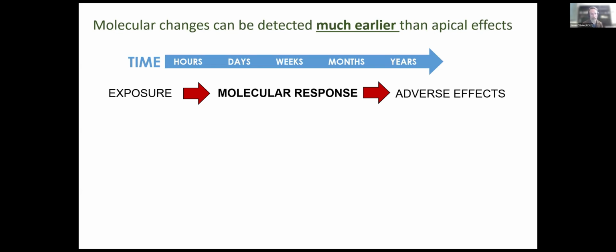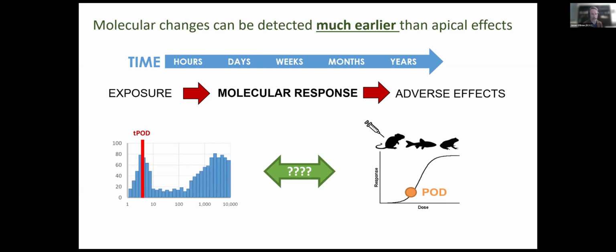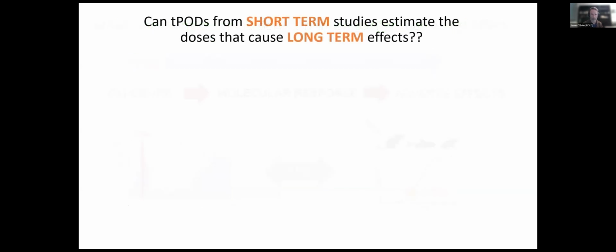As I mentioned, molecular changes can be detected much earlier than traditional time points. So the question of the relationship between these early points of departure versus traditional points of departure became of interest, and we wanted to know: can TPODs from short-term studies be used to estimate doses that cause long-term toxic effects?